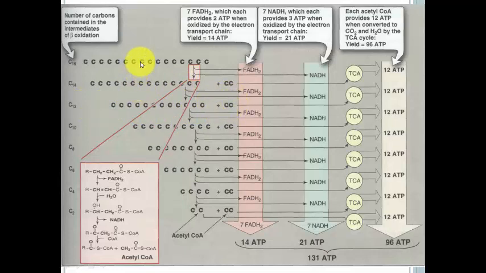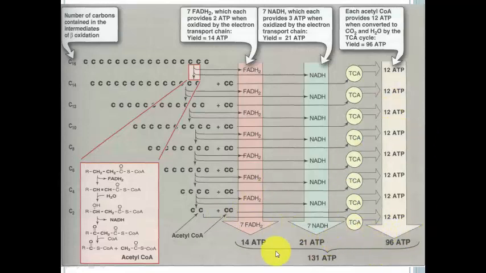So in total this cycle occurs 7 times, and in the last cycle there is a formation of 2 molecules of acetyl-CoA. So the total number of FADH2 molecules produced is 7. So 7 FADH2 will produce 14 ATPs, 7 NADH molecules are produced that will produce 21 ATPs, and 8 molecules of acetyl-CoA are formed, which will produce 96 ATPs.